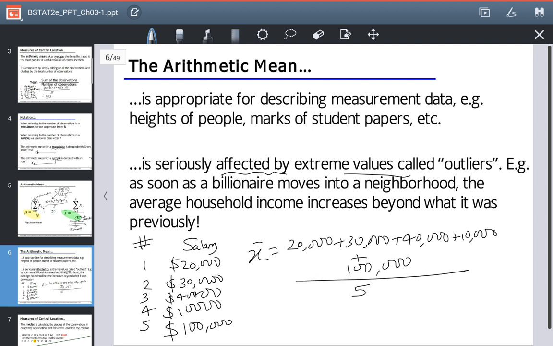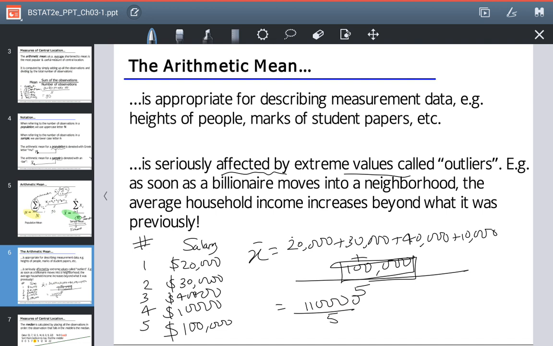Okay, over 5 values. Now this thing is highly influenced by this 100,000. And what is this value? So 2 plus 3 is 5, 9, 10. So it's 110,000 over 5. And let me do the math for you. 110,000 over 5, it should be a higher number. Okay, it should be a higher number.